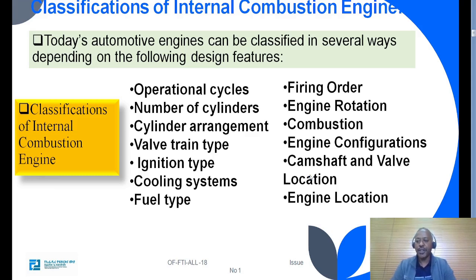Classification of internal combustion engines. Today's automotive engines can be classified in several ways depending on the following design features: the operational cycle, the number of cylinders, arrangement, valve train type, ignition type, cooling system, fuel system, firing order, engine rotation, combustion, engine configurations, camshaft and valve location, and engine location.